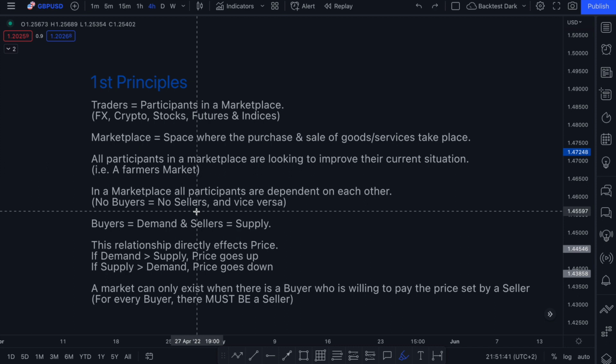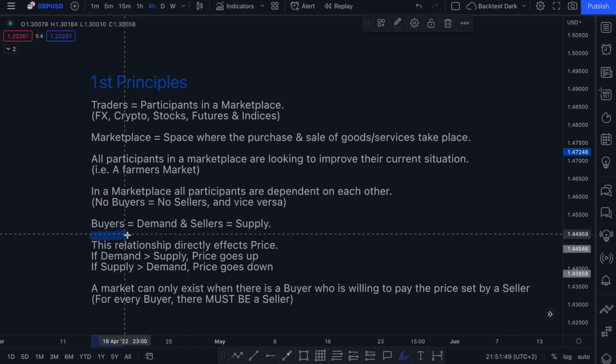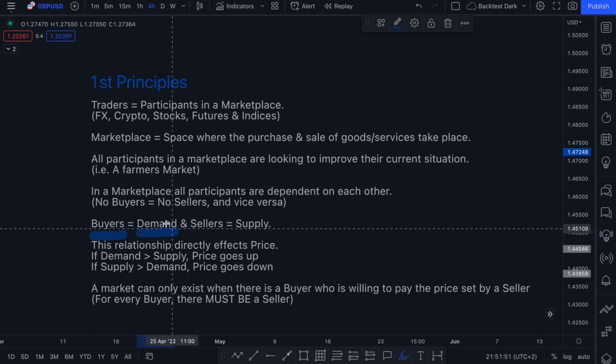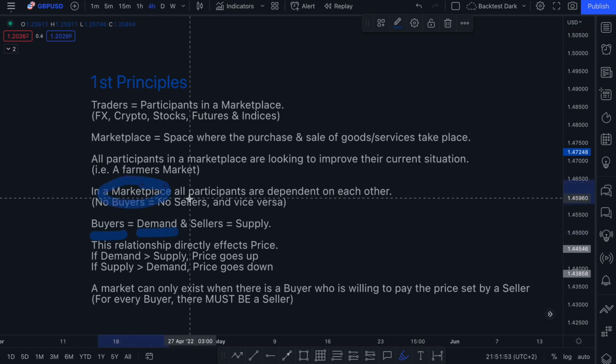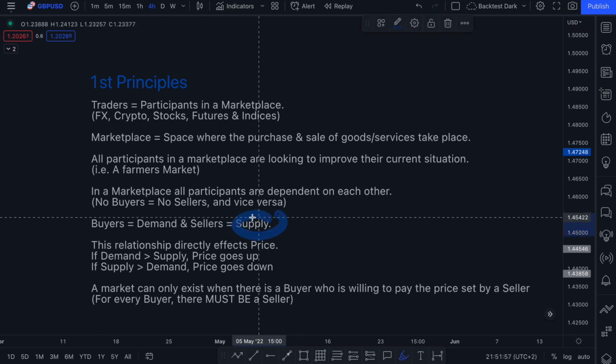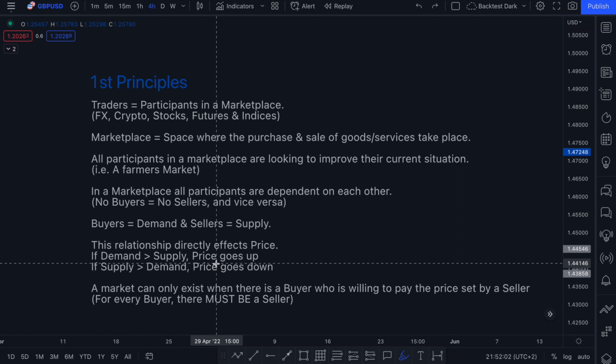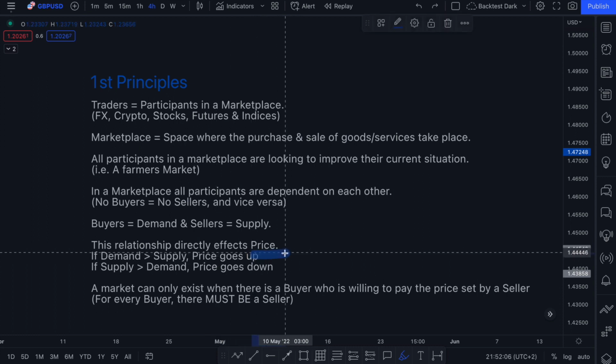What this does is generate the concept of supply and demand. Your buyers introduce demand into your marketplace, and your sellers introduce supply into the marketplace. This relationship of buyers and sellers directly affects price.